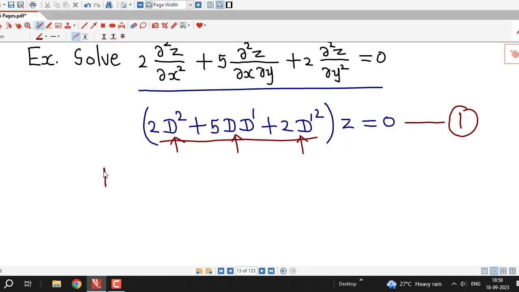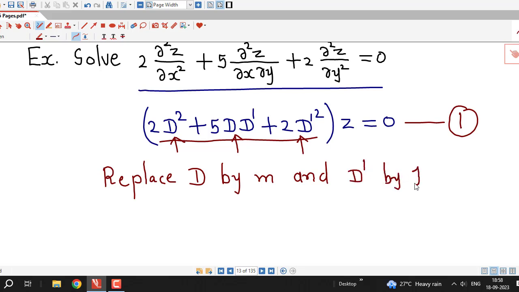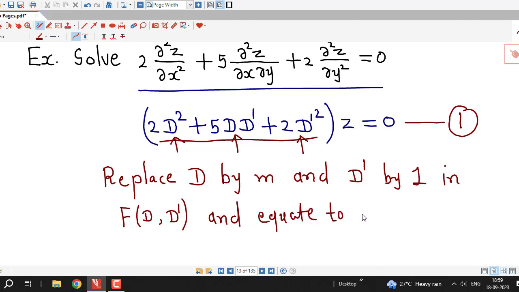So for that we remember that we will replace capital D by small m, and D' will be replaced by 1 in F(D, D'), and equate to 0.